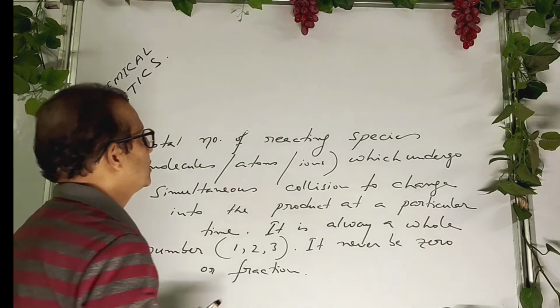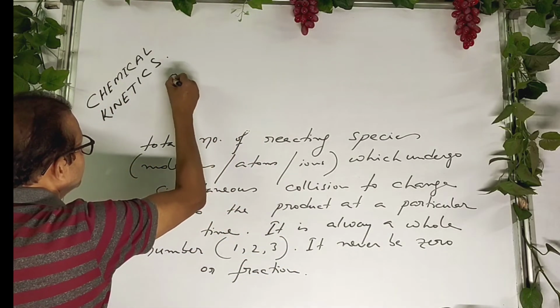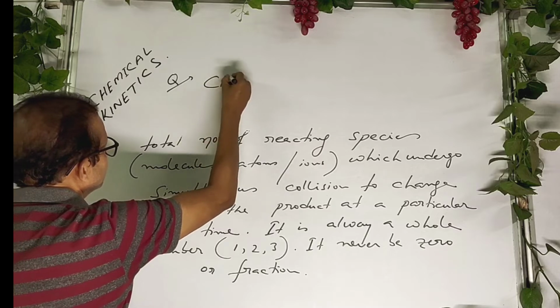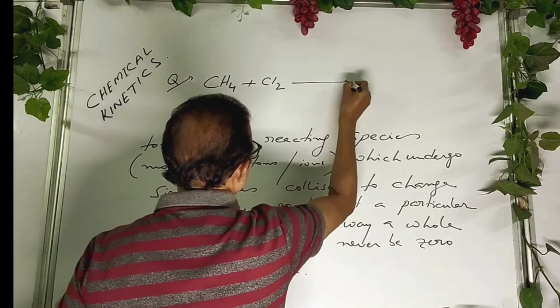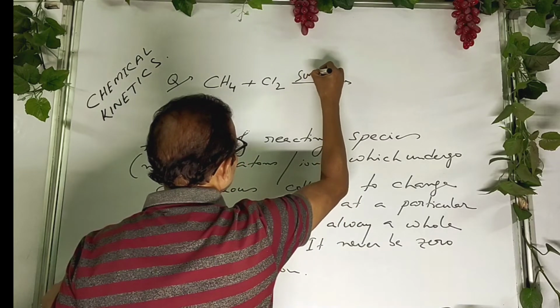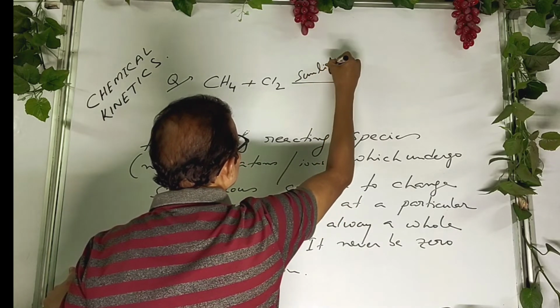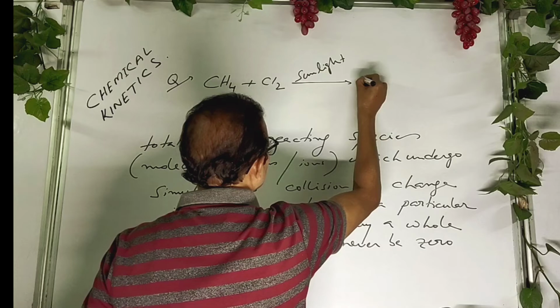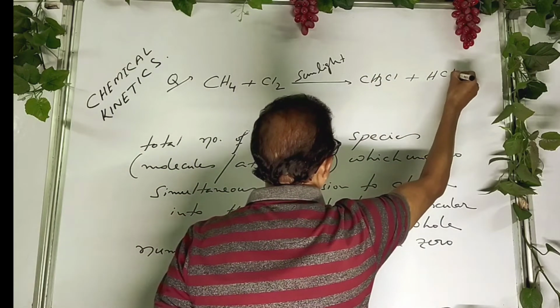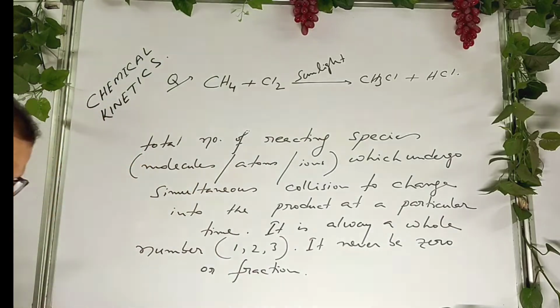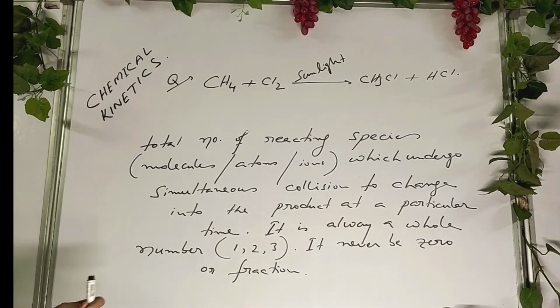Say a reaction is given: methane reacts with chlorine to form methyl chloride.